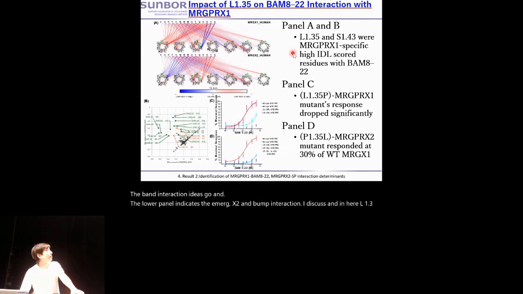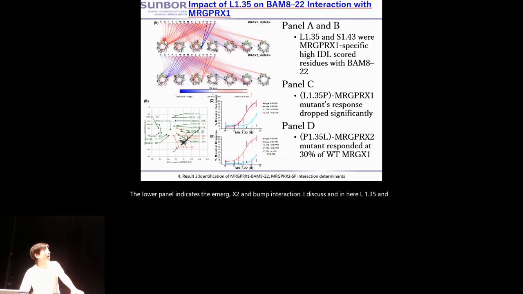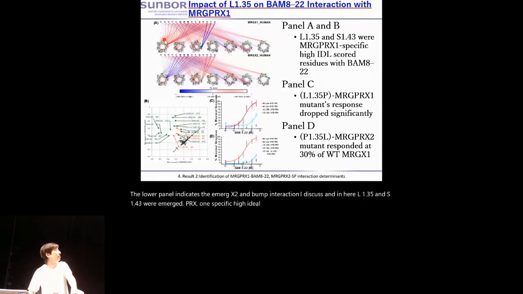And here, L1.35 and S1.43 were MRGPRX1-specific high ideal scored residues with BAM22.